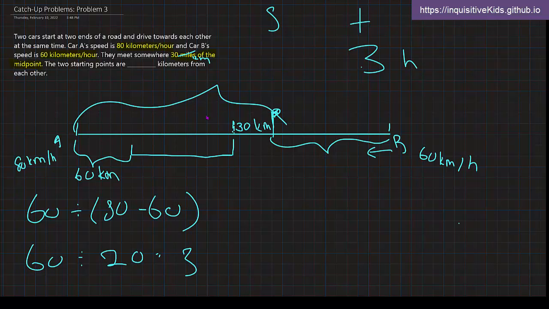So now it's easier for us to find the distance from A to B, because we know this is how far A went, and this is how far B went.